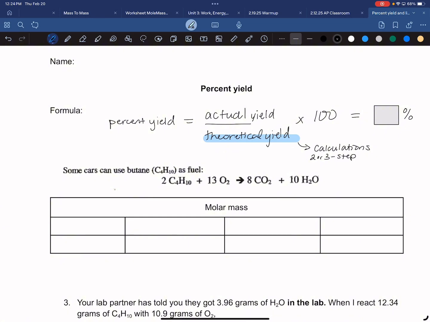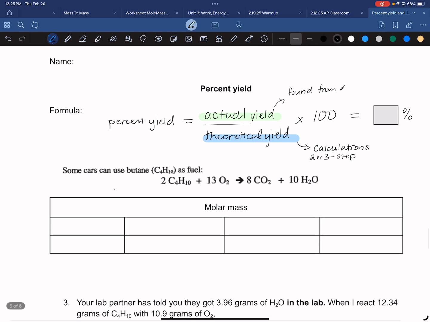And then my actual yield, where do I get my actual yield from? It's given, but what do I need to do in this class? I have to perform an experiment. Found from doing experiment.